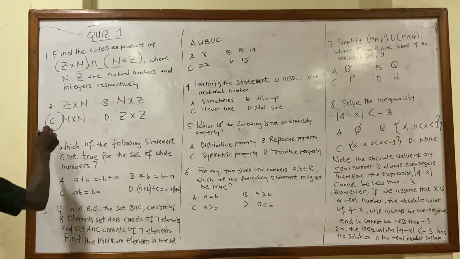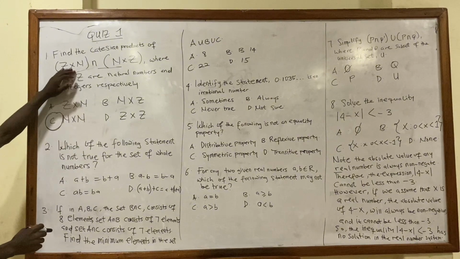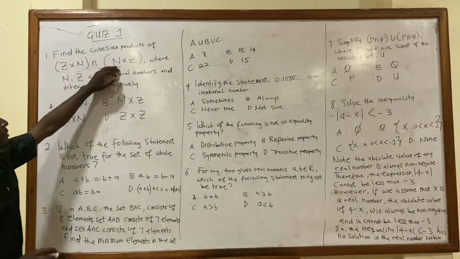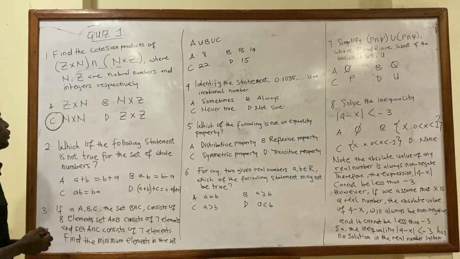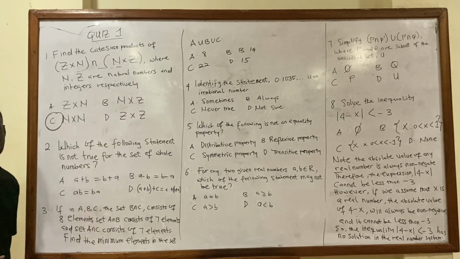So we say that Z, integer, times N, natural number, intersection N, natural number, times Z, integer, we will have a natural number times a natural number.